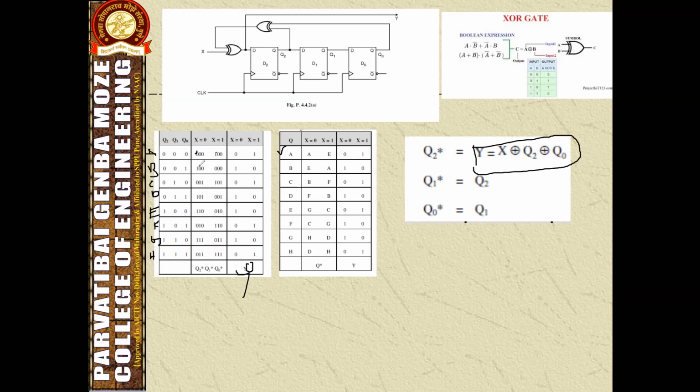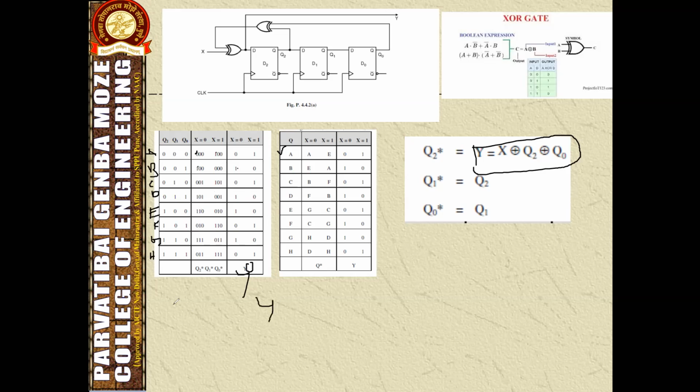Similarly, when x equal to 0, this Q2 is 1. When x equal to 1, this Q2 is 0. Like that, this table has been taken: 0 1 0 1, 1 0 1 0, 1 0 1 0, 0 1 0 1, 1 0, and 0 1. This combination is taken as the output.